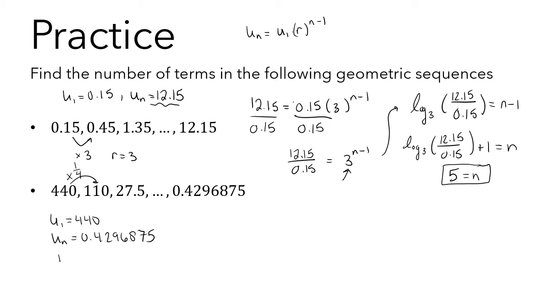So my ratio is 1/4. And I can write my equation with my value for un. So let's write this decimal again. 0.4296875 equals my initial term, 440, times 1/4 to the power of n minus 1. And I'm going to do the same process as I did in the first example. I'm going to divide by 440.